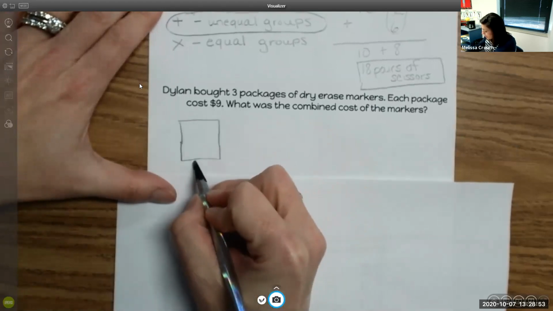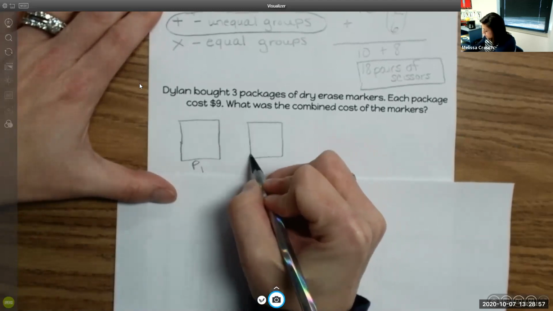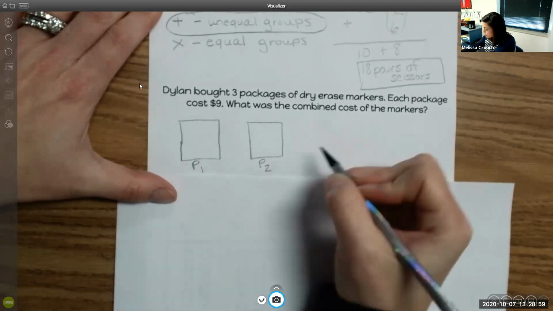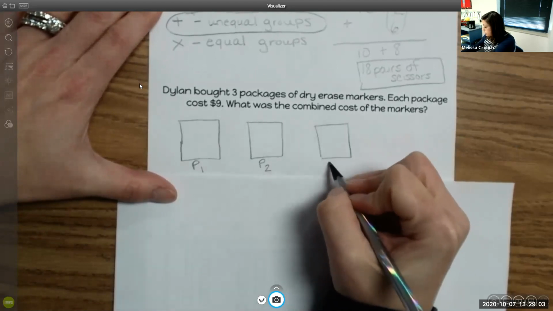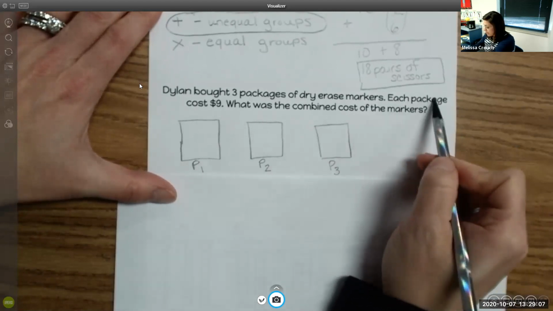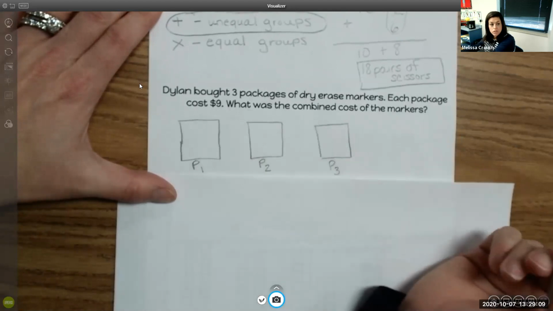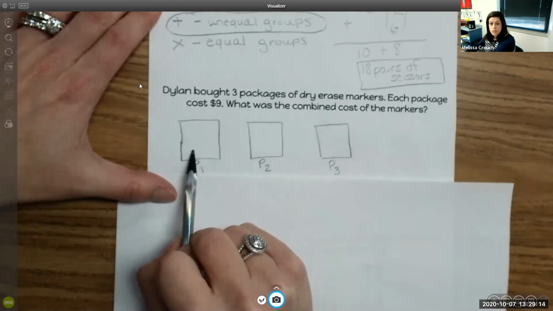Here is package 1, package 2, package 3. Each package costs $9. Okay, so this one is going to cost $9.